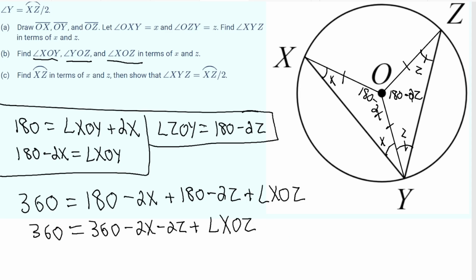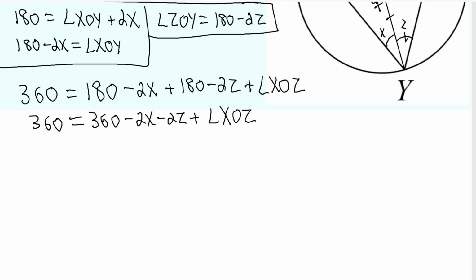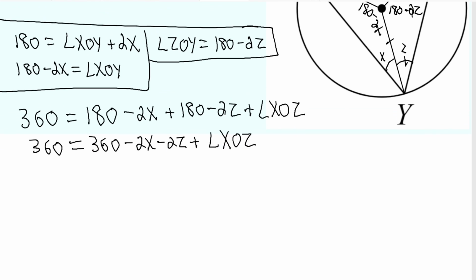Now, if we subtract 360 on both sides, two of the 360s cancel out. We'll actually get 0 is equal to negative 2x minus 2z plus angle XOZ. And then finally, let's add 2x and 2z on both sides of the equation.